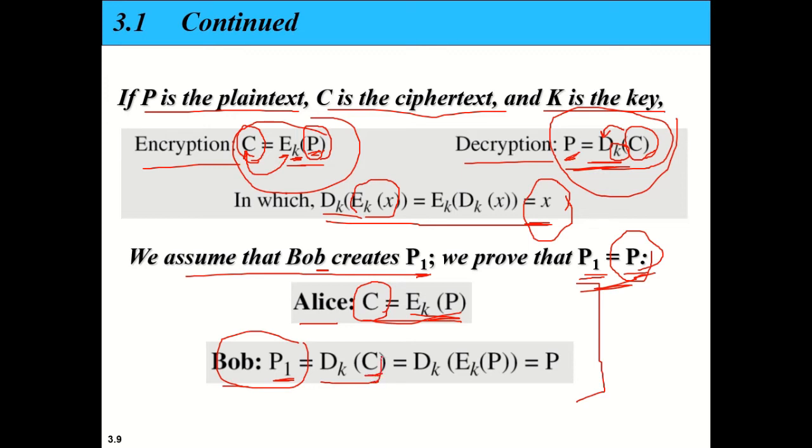So if we replace this C with this value, which was sent by Alice, what do we get? We get this expression. So this expression will give you value P, and this we have concluded from here, right? So here we can say that P1 is equal to P. Here this is P1 which is equal to P, right?